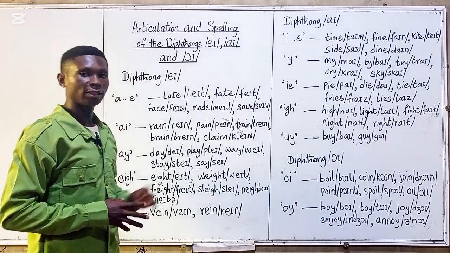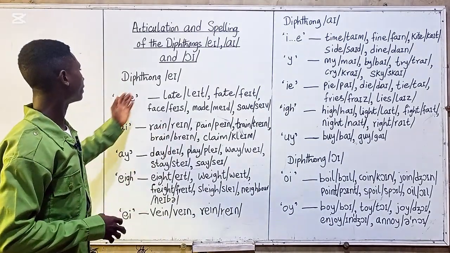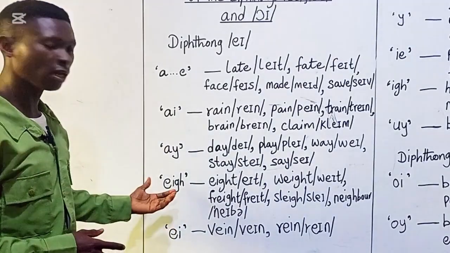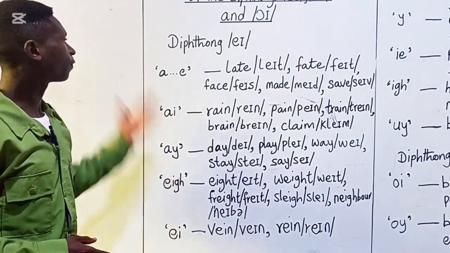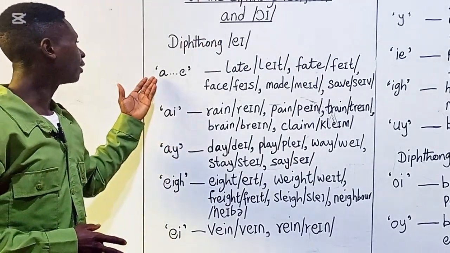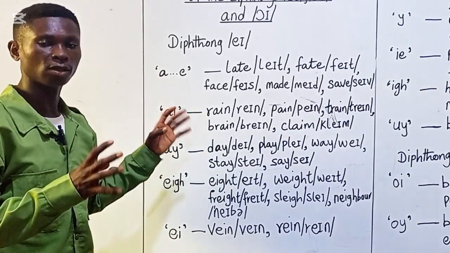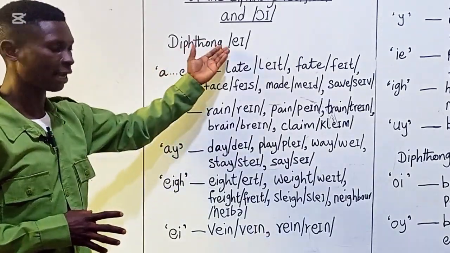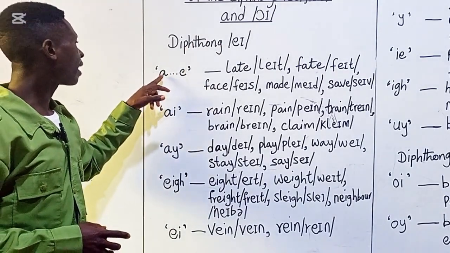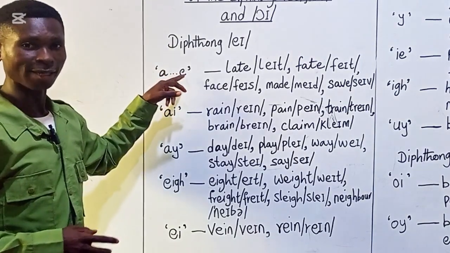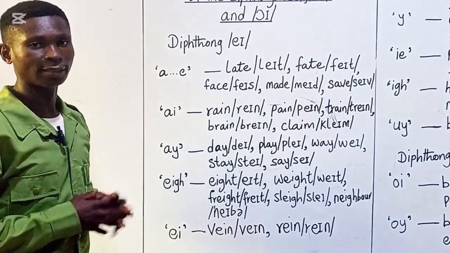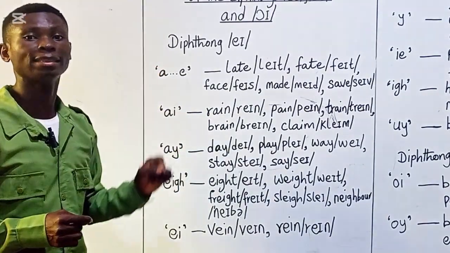So considering the first diphthong we have here, which is the diphthong A, we have many obvious spellings of the sound. That is, wherever you have these kinds of letter combinations, you're likely to have the A sound in words. The very first one is A ellipsis E, that is A-E. In between the 2 vowel letters, you have a consonant letter.